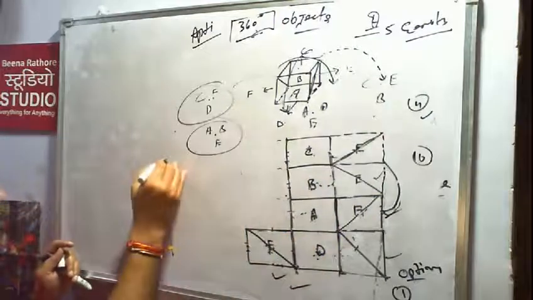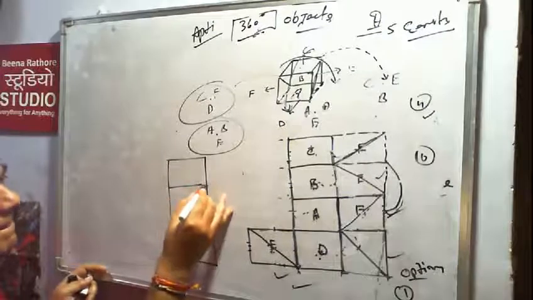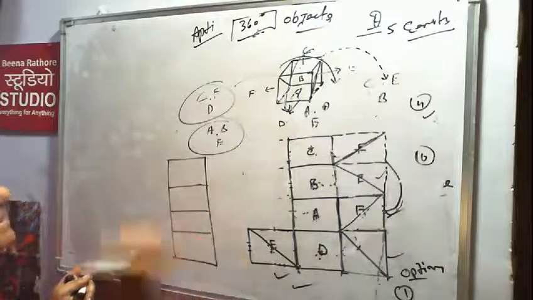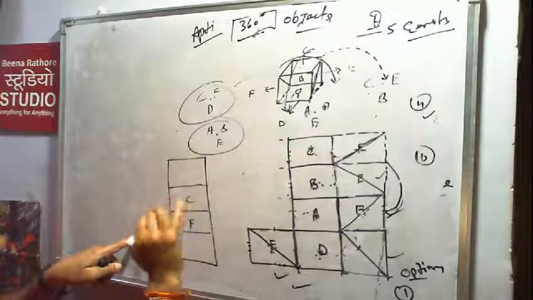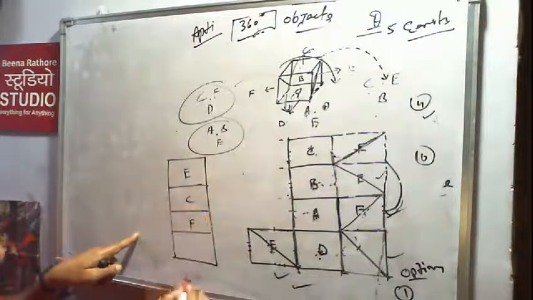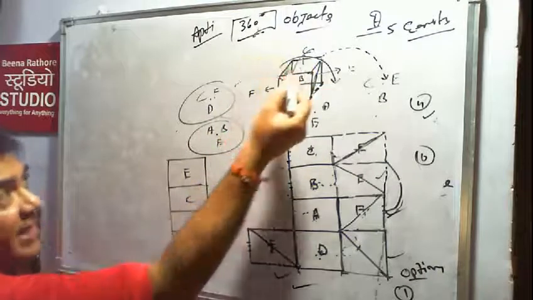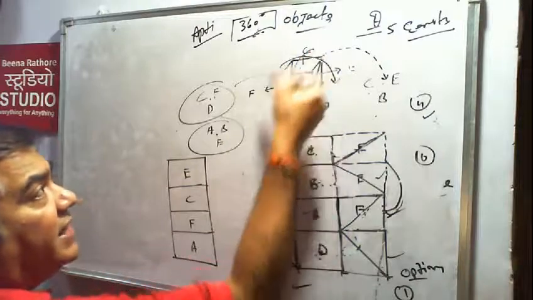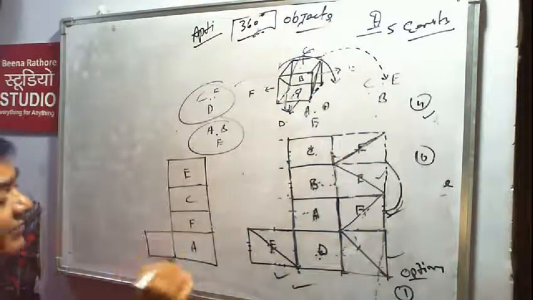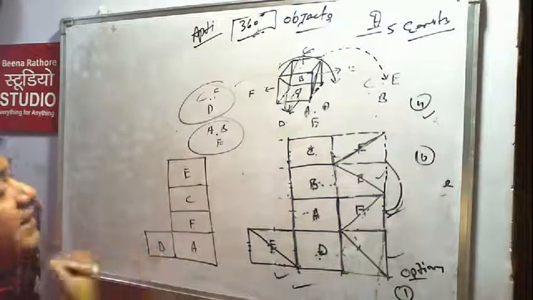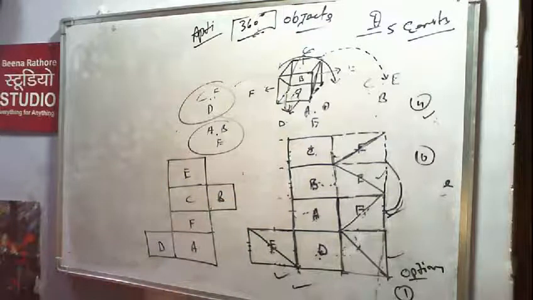Am I clear, Niharika? Look at this. Here, if I say this is F, C, E, and A in this rotation, I have taken earlier the rotation from ABC, and now I've taken the rotation from this side. So this would be the side, and the side flaps are D, and let's say it is B. Am I correct?